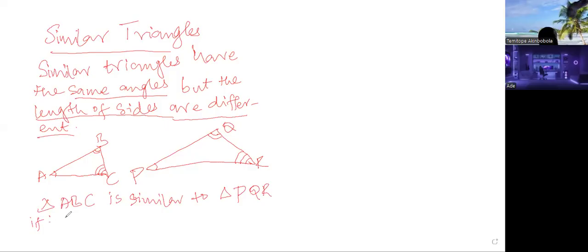One, AB ratio PQ equals BC ratio QR equals AC ratio PR.